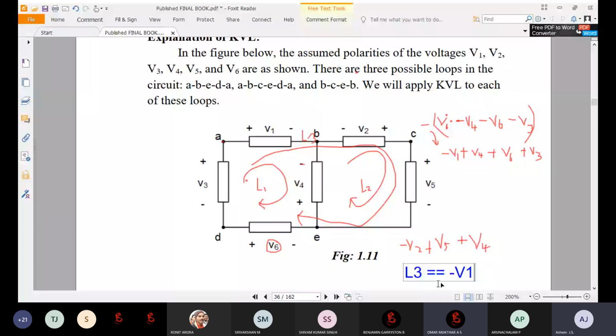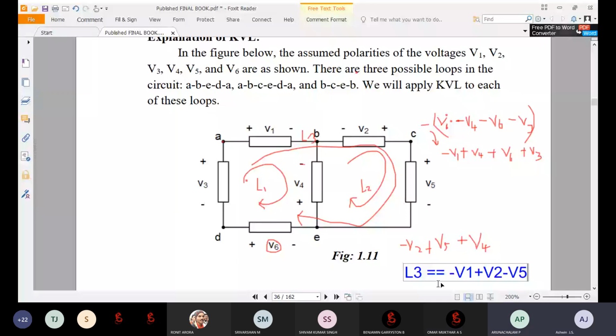Next to V5 positive, sir. So V1 negative, V2 is positive, V5 is negative. Minus V5.